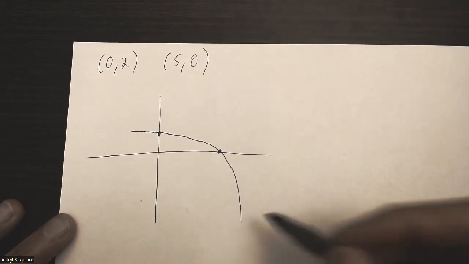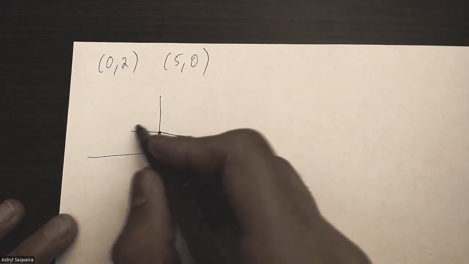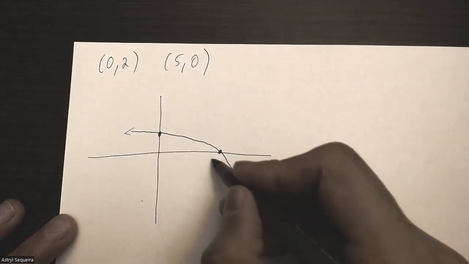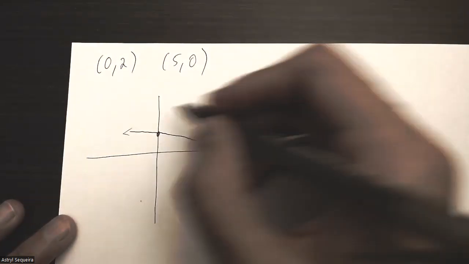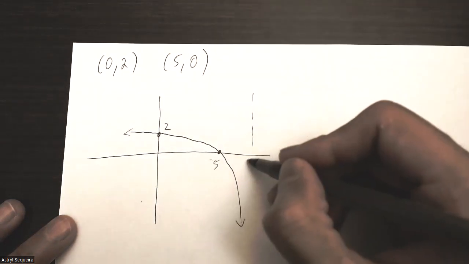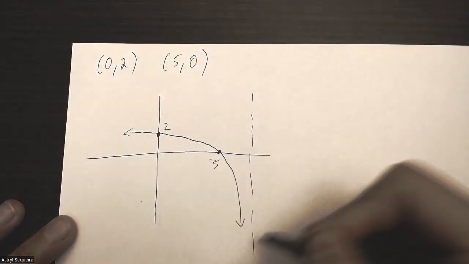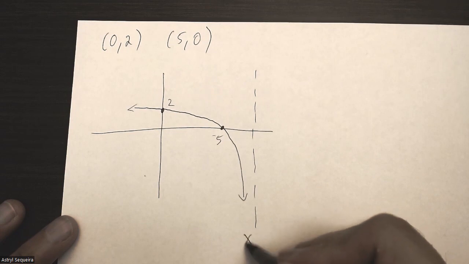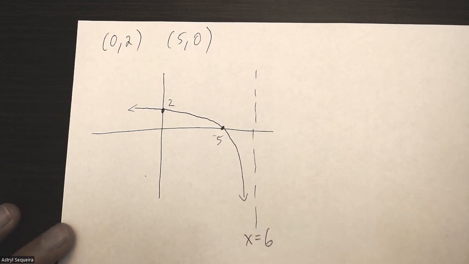And then you can pick your vertical asymptote to be anything you want. You can pick it to be 6, 7, or 8. I'm just going to pick it to be x equals 6.